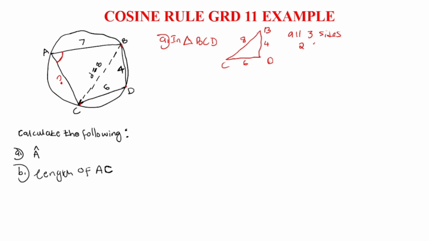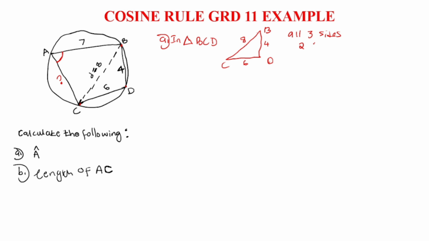Go to your formula sheet and have a look at what the formula of cosine rule says. I'm just going to derive it directly because we're looking for this angle here.